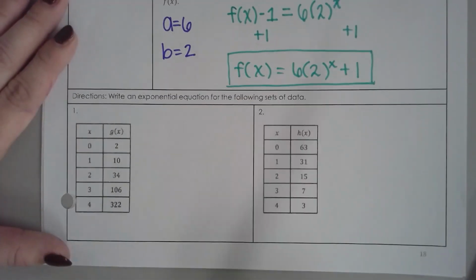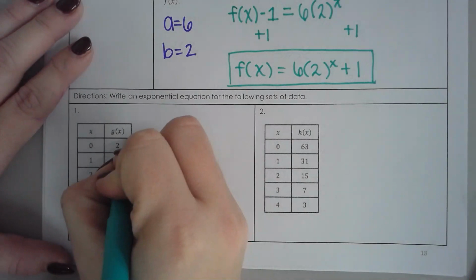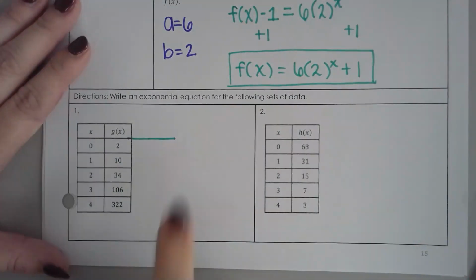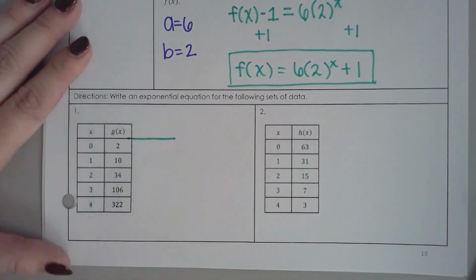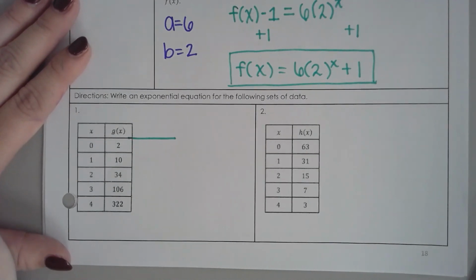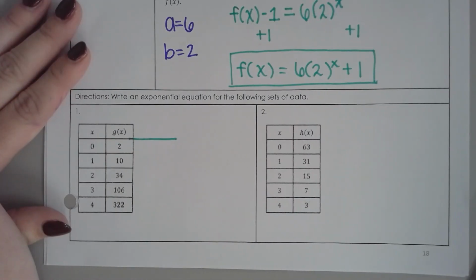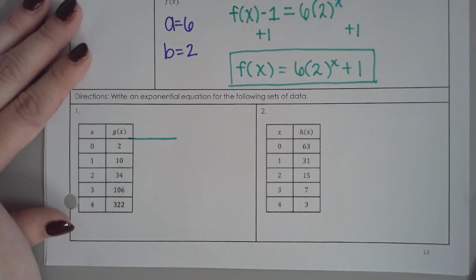So any ideas of what I can do to g of x to then see a common ratio? Sometimes you just have to play around with numbers in your head. Try adding a number or subtracting a number to the y values.